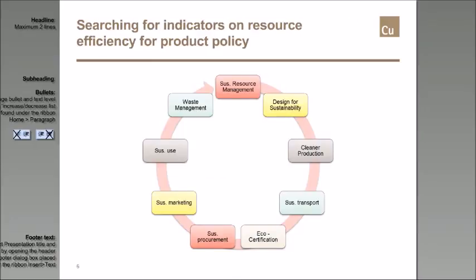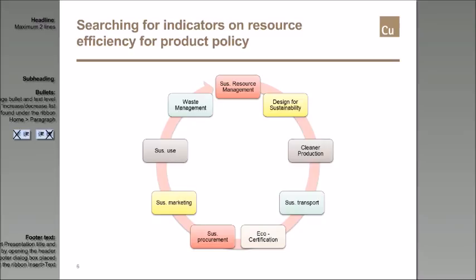So, first question will be, how can we search for those indicators in product policy that help us to design sustainable resources? And for that, I would like to present this wheel. It's kindly inspired by OECD's wheel on sustainable consumption and production steps.